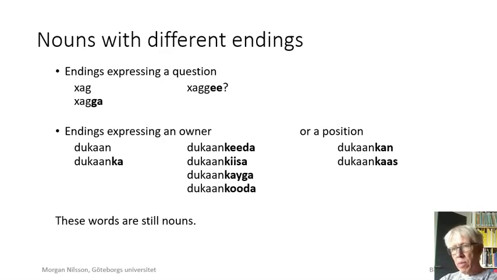But there are also many other endings that can be added to nouns. So it's not just the definite article. And in Somali there are really many endings that correspond to small words in English that occur as independent words before the noun.